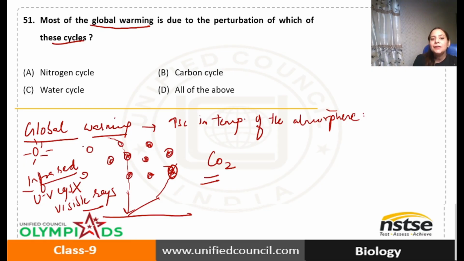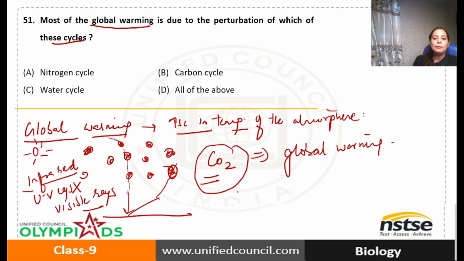So these infrared rays get trapped in carbon dioxide molecules, and because they cause heating effect, it leads to an increase in the temperature of the atmosphere, which we call global warming, and it causes ecological imbalance. So any activity or any cycle which increases the carbon dioxide content in the atmosphere will definitely lead to global warming.